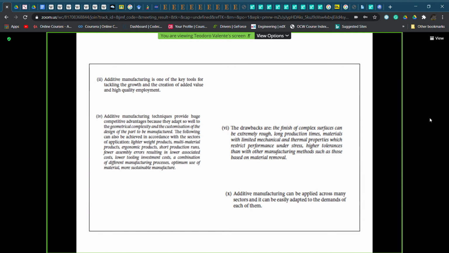We do have some safety problems with which we have to deal, because many metallic powders, when they are small in diameter, and by small diameter I mean in this sense something which is around 20 to 40 microns, can be explosive.